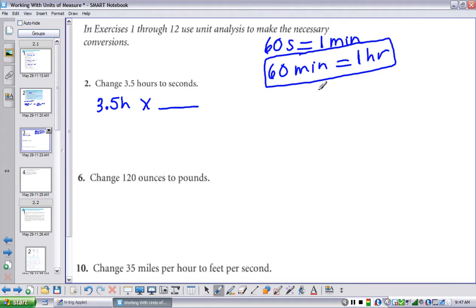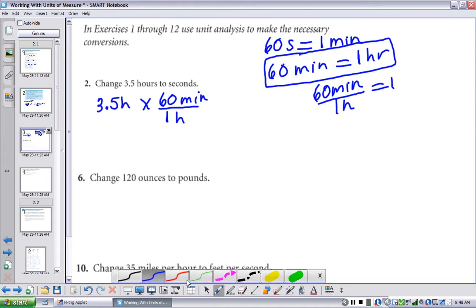So what I'm going to have to do is to make sure that the hour portion is in the denominator. Remember, this is 1. So this becomes 60 minutes over 1 hour. And notice the hours unit will cancel.